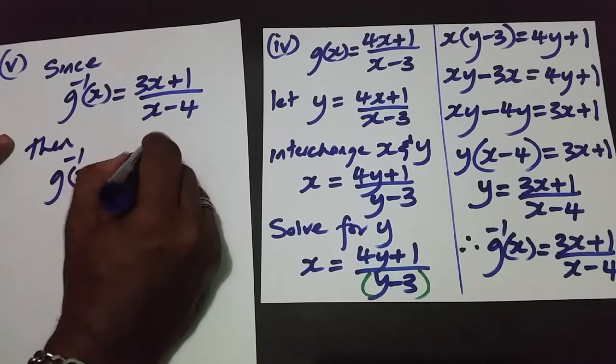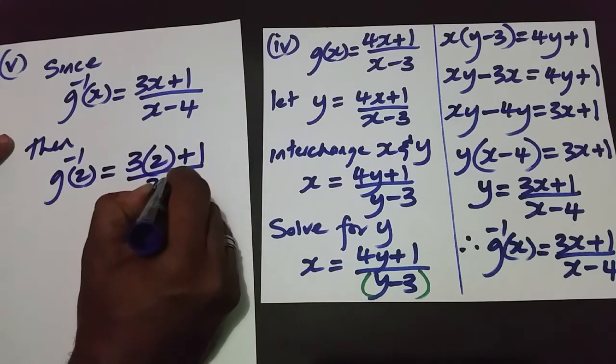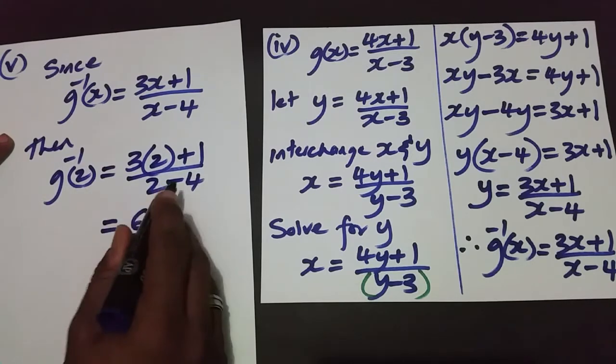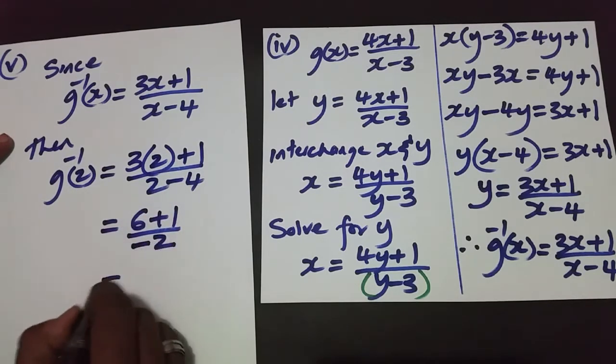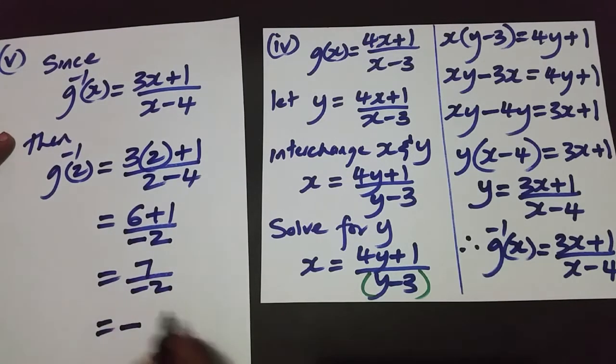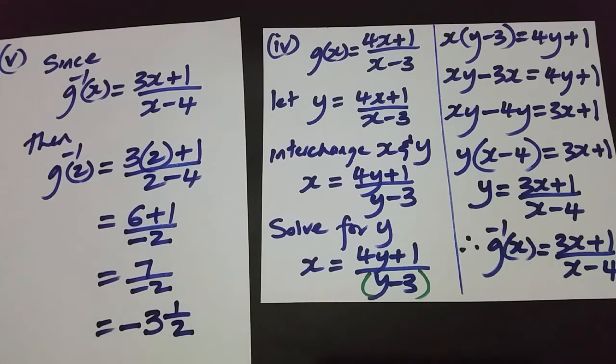So wherever we see x in the inverse, we're replacing that with 2. It's as simple as that. So 3 times 2 is 6, plus 1 is 7. 2 minus 4 is negative 2. That's 7 over negative 2, which is a negative fraction. And 2 into 7 goes 3 times, remainder 1 over 2. So that will be the answer to part 5 of this second example.